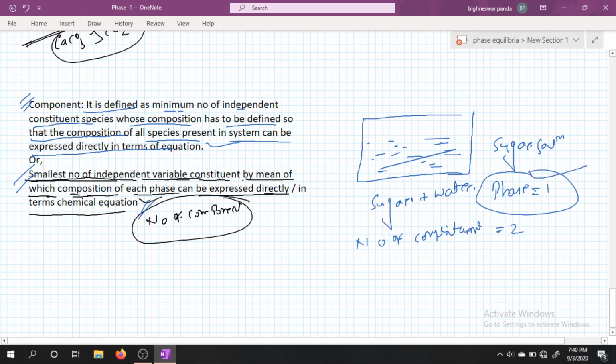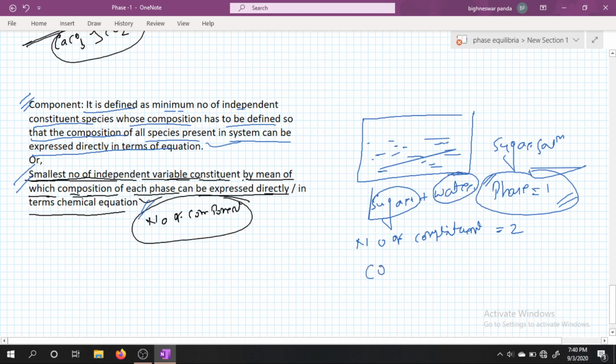So in order to define the composition of this phase, I need the smallest number of variables. And what is the smallest number of constituents I have to consider to define the phase? That is, one is sugar, another is water.